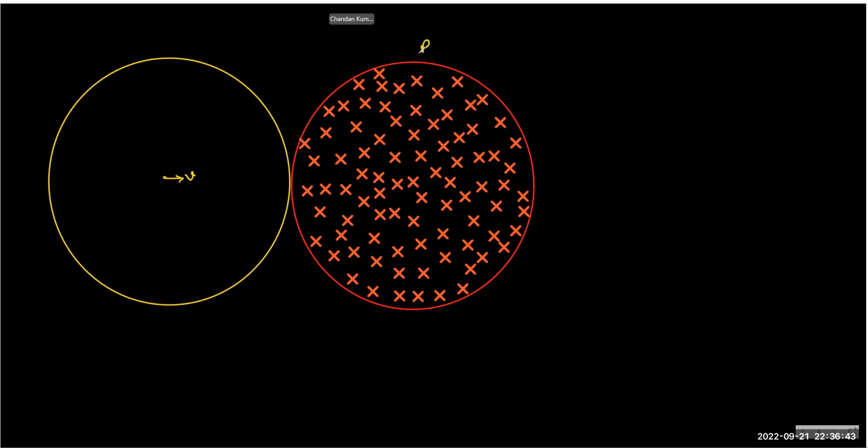So now this is b, and it is entering this field. The radius of both are r. If I say this is t equals 0, then find the EMF induced as a function of time t. So tell me the answer.